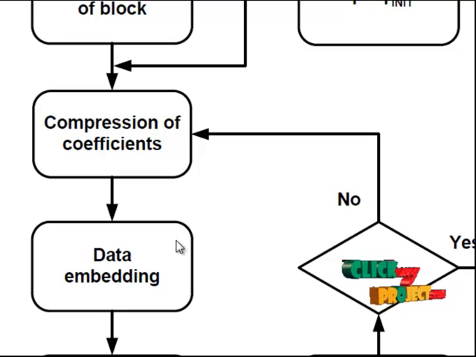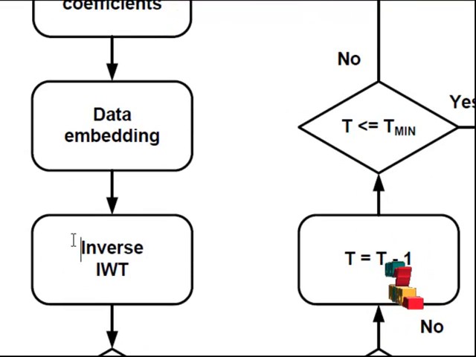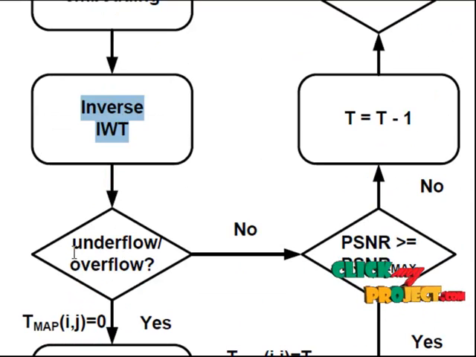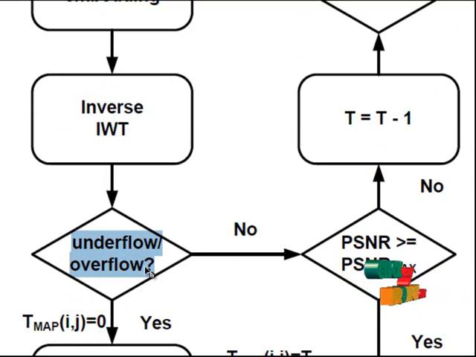Then compute the inverse IWT of block I, J to obtain block dash of I, J, where I, J are row and column indices of a block respectively. In order to check that watermark embedding has not caused underflow or overflow, minimum and maximum values of the watermarked block are calculated and are checked in the formula given in our base paper.